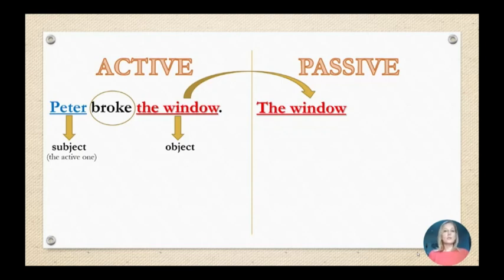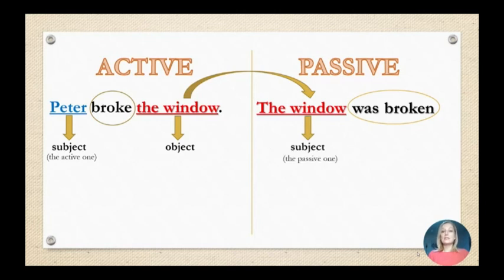Then, since the sentence is in the past simple, we should use the past simple form of the verb to be. That's right, that's was in this case. The window was, and now we use the past participle of the verb break, and it's broken. That's right. So was broken is our action here, and the window is our subject.